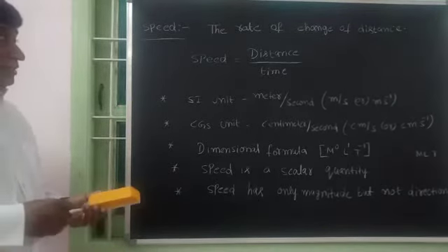Speed in general can be classified into some types. The first one is average speed. The next one is instantaneous speed.